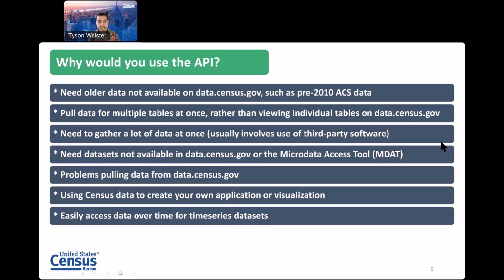And then once you go through all of the steps to get data from an API, it's really easy to access that over time. So if you want to look back historically, maybe you want to prepare yourself for an upcoming data release, you can do a lot of this work up front and then make it a lot easier on yourself to run a query that you have constructed ahead of time and get precisely the data you're looking for.